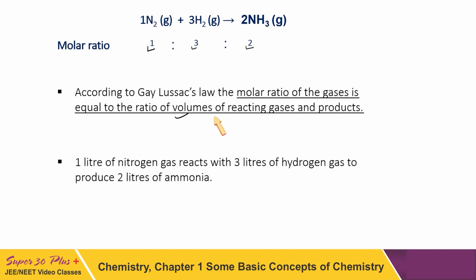Now the ratio of volume will also be 1, 3 and 2. So I can say that 1 liter of nitrogen reacts with 3 liter of hydrogen and gives 2 liter of ammonia. This is what the law of gaseous volume is all about.